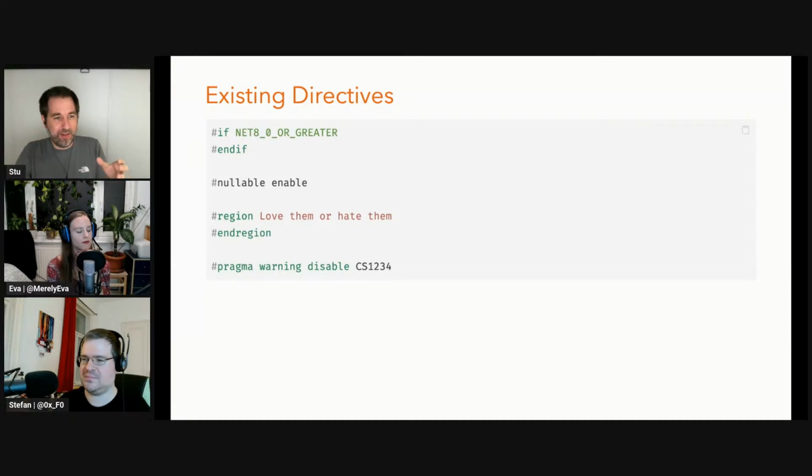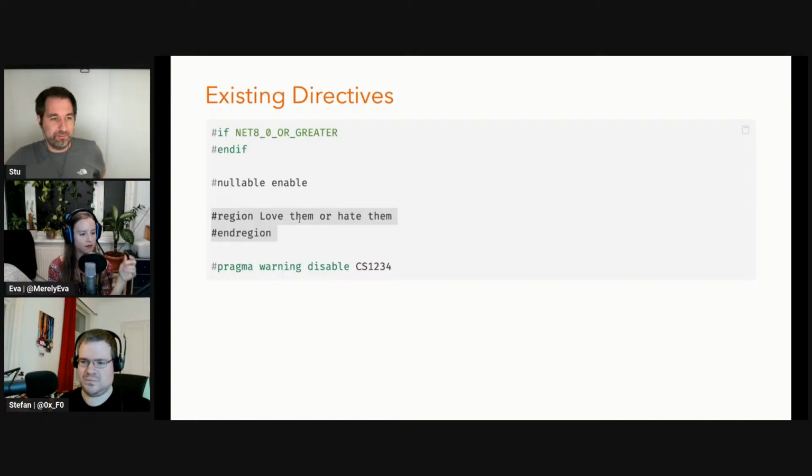Generally speaking, they operate at the document level. A directive is hash and then something. You might be familiar with this where you conditionally compile a block of code, or you enable nullability. In this case, you're talking directly to the compiler and saying, for the rest of this document, I want to switch on the nullability feature.